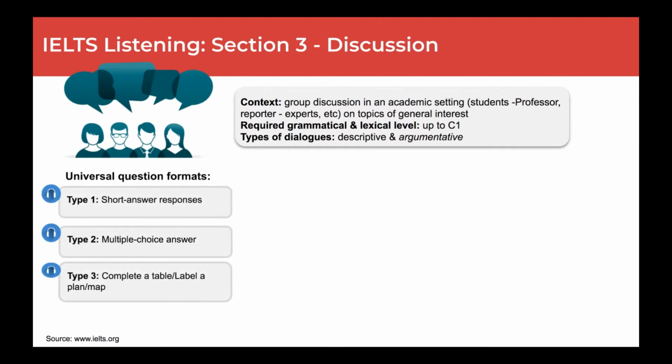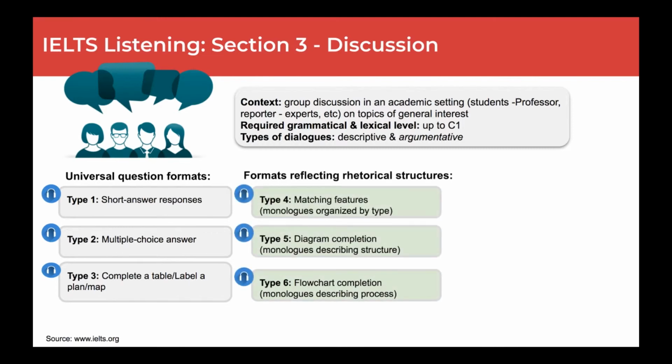So again, universal questions that we have seen in sections 1 and 2 remain, and questions that have been widely used in section 2 remain as well. And we have some additional ones, such as summary notes, completion, and there may be some other type of tasks such as multiple choice with several questions.